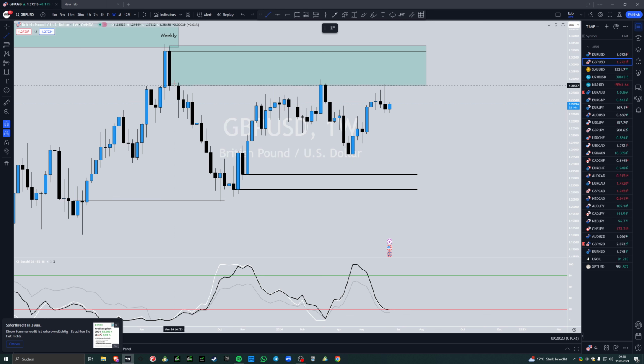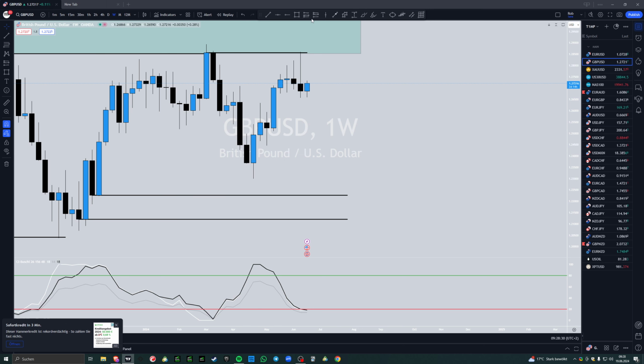Now we've kind of moved into this, had a mitigation here, and we had this break here, leaving room for this to get filled.